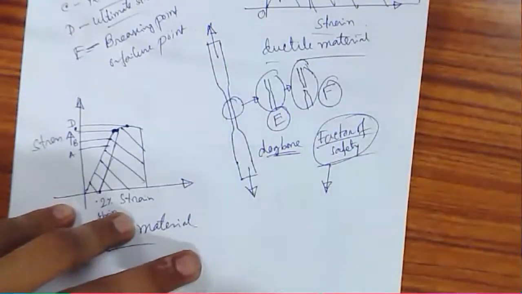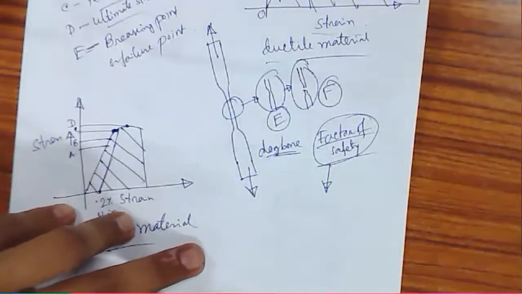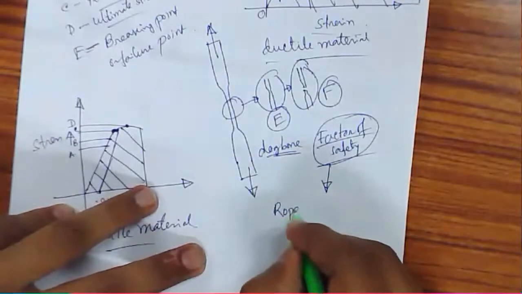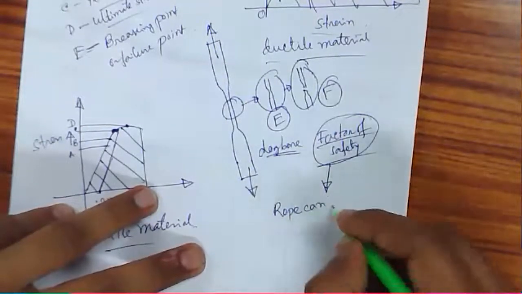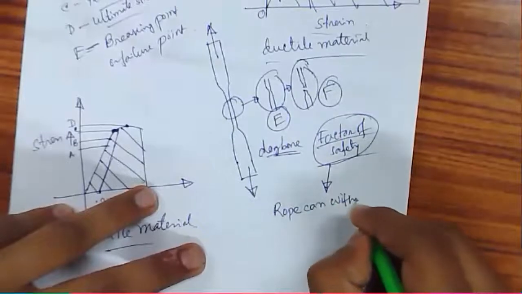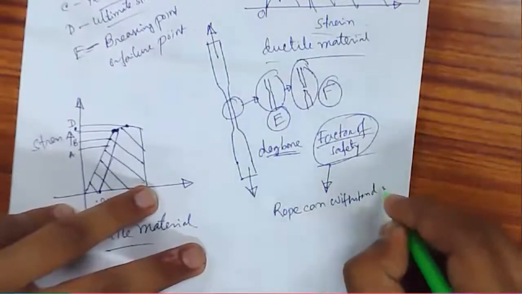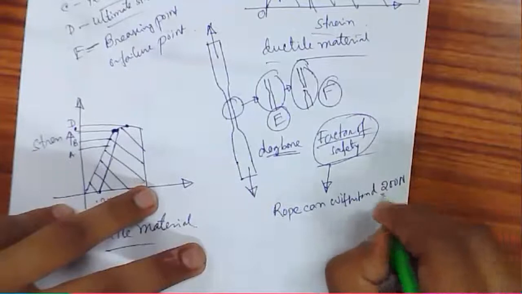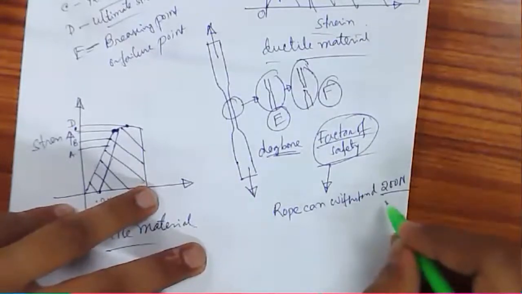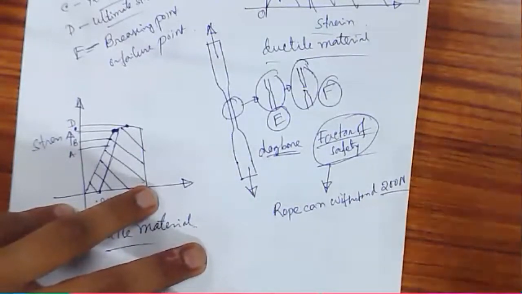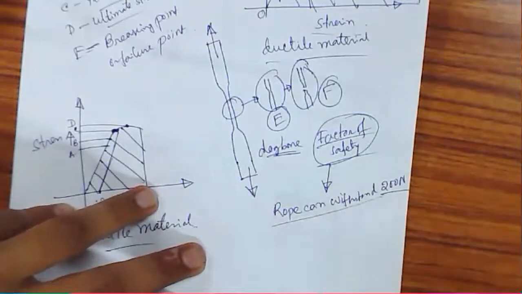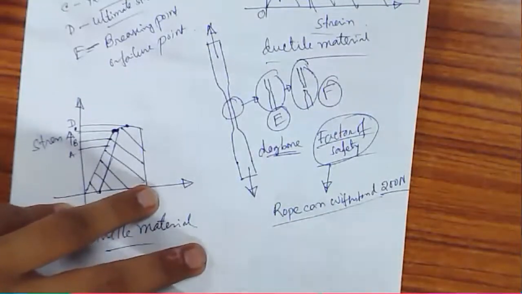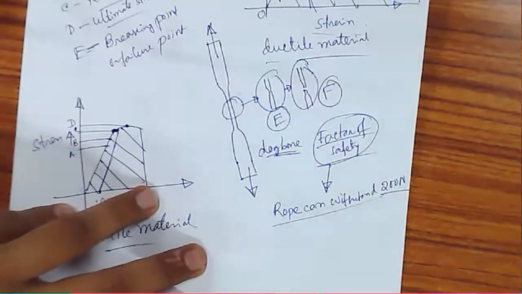Suppose there is a rope, that rope can withstand say 200 Newton load, 20 kg. This rope can withstand 200 Newton. If it becomes 200.1, it will fail. So the ultimate point is 200 Newton.